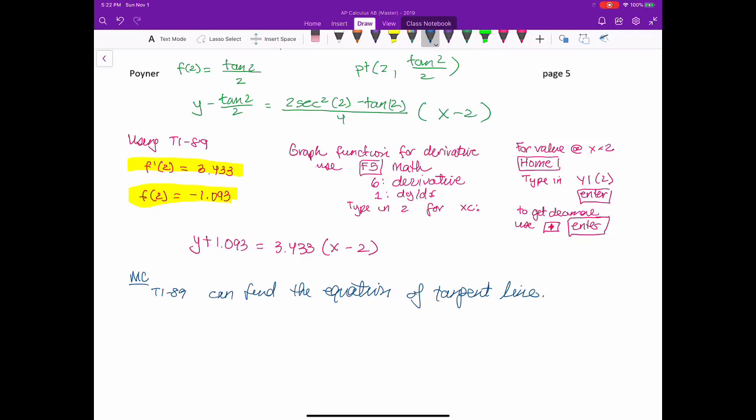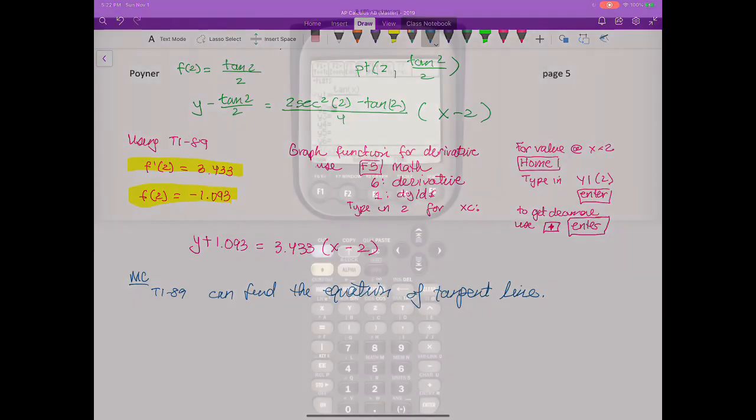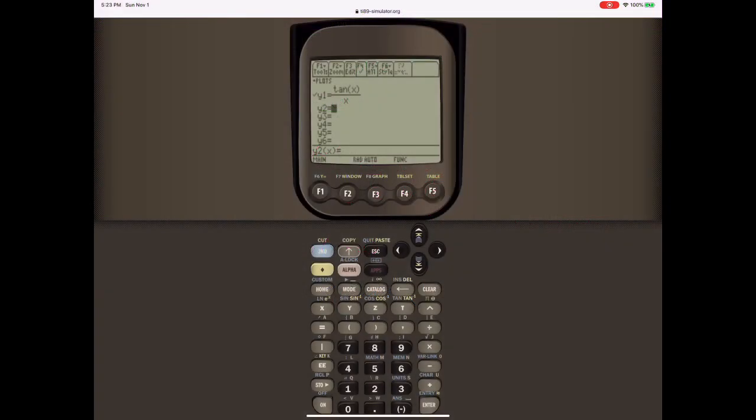But if it's a multiple choice, the easiest is just, and I'll show you this right now on the TI-89, so I just have to switch over here. So we're back here with the function still in. Go to the graph, and then, oh, I did it already, but if you go to F5, and go down to, instead of finding the derivative, we are going to find the tangent, which is choice A, and hit enter.